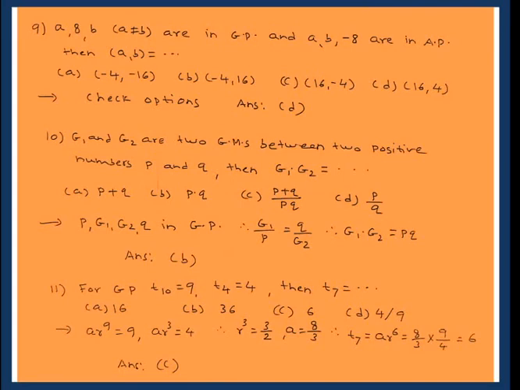Similarly, a second equation, using the fact that a, b, minus 8 are in AP. Two unknowns, two equations, solve them. But here it is not required, because if you check the options, you will notice that in option D only, that is for a equal to 16 and b equal to 4, both the conditions are satisfied, that these are in GP and these numbers are in AP. So the correct option is D.